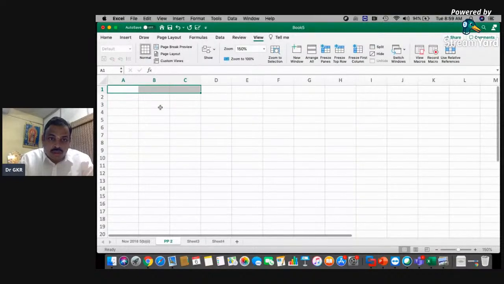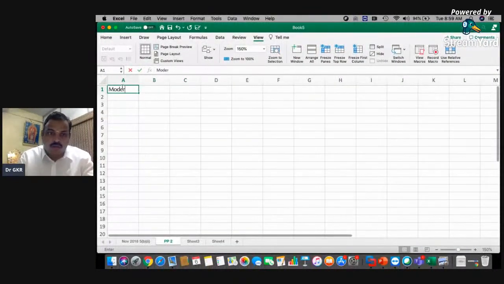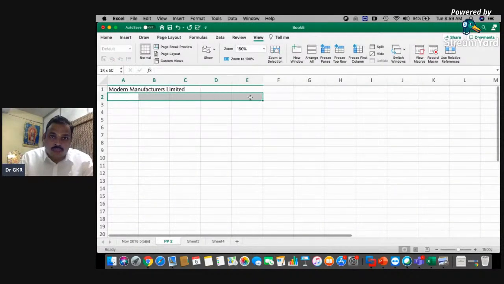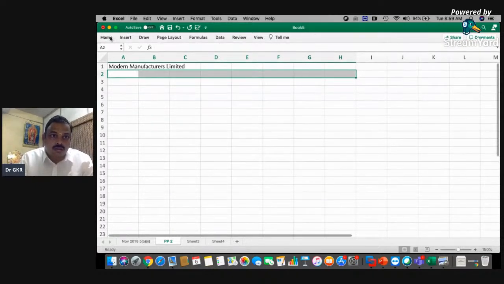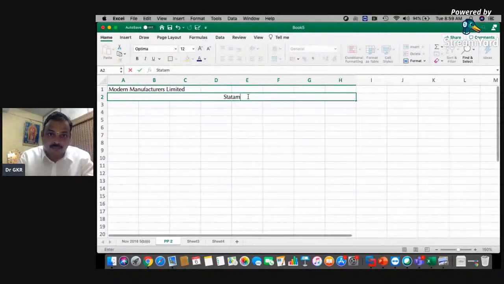So 1, 2. What is the name of this company? Modern Manufacturers Limited. Okay. So 1, 2, 3, 4, 5, 6, 7, 8. So I'll take these 8 columns. So this is a statement showing the distribution of overheads.